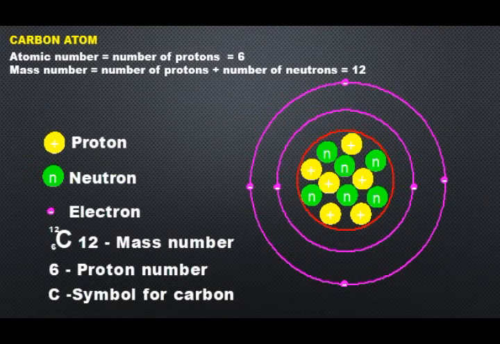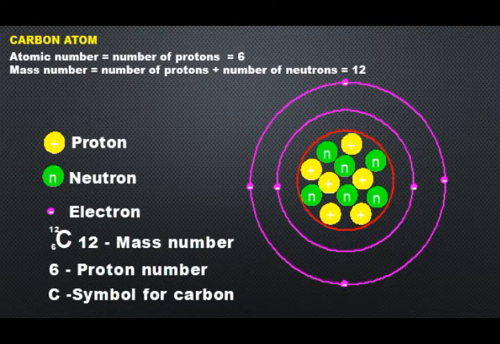Carbon atom. It has atomic number, that is number of protons, 6, and mass number, number of neutrons plus number of protons, equal to 12. Here in the diagram, the proton is represented by the orange ball and the neutron by the green ball.